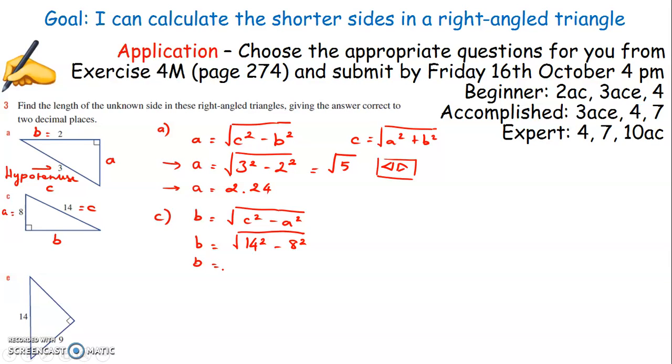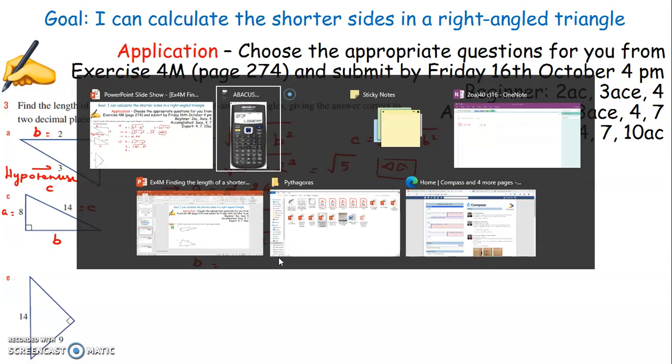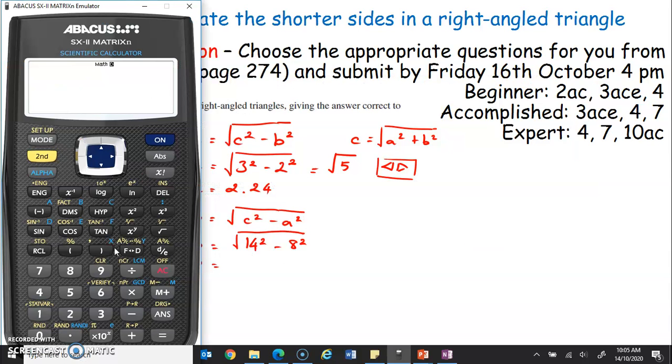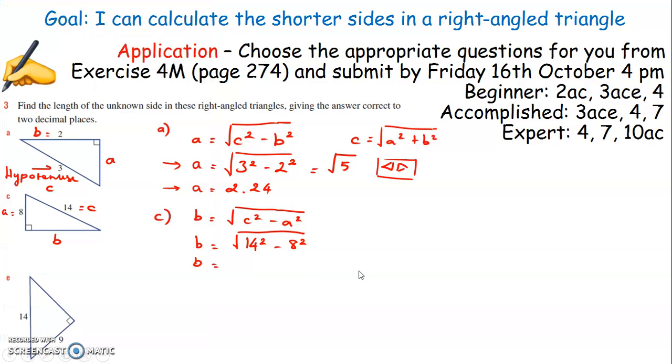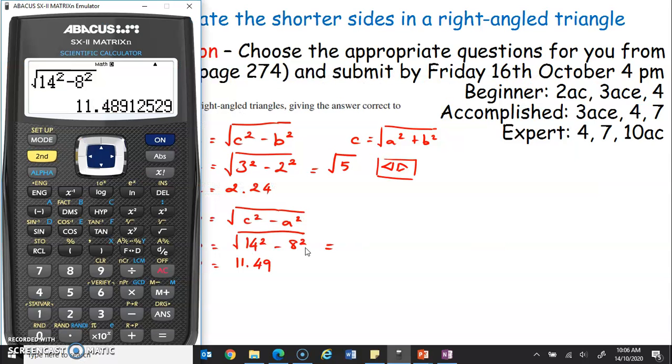So again, we're just going to put this into our calculator. Square root of 14 squared minus 8 squared, and that gives us an answer of 11.48 to 2 decimal places. Now after the 8 is a 9, so we need to round this up. So 11.49 is our answer. Now, your calculator again may give you a slightly different answer.